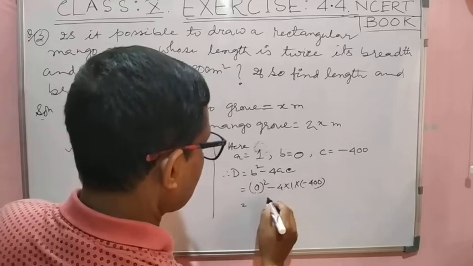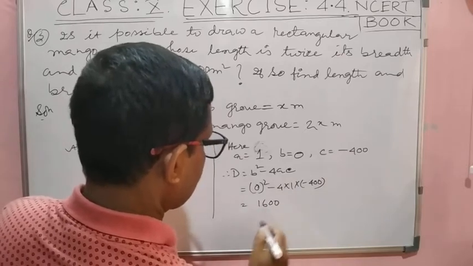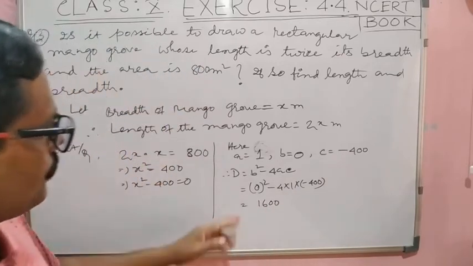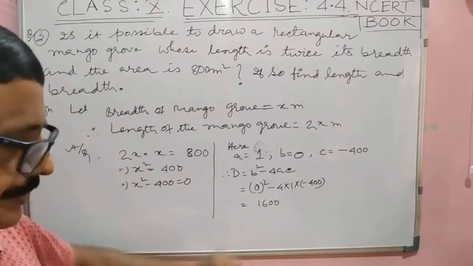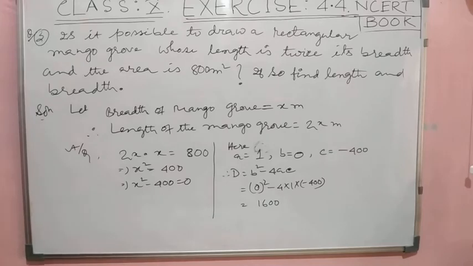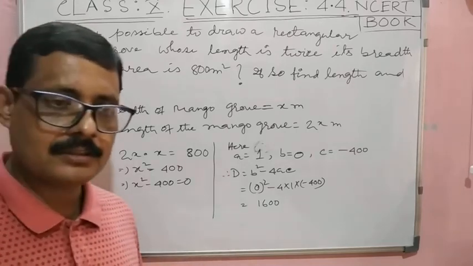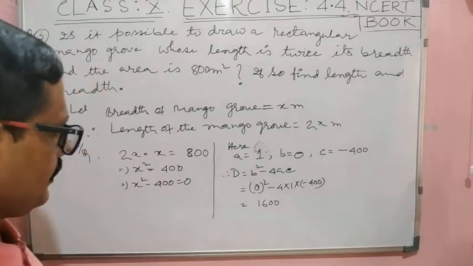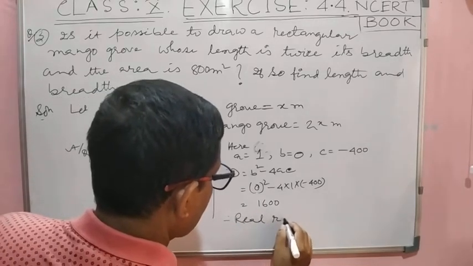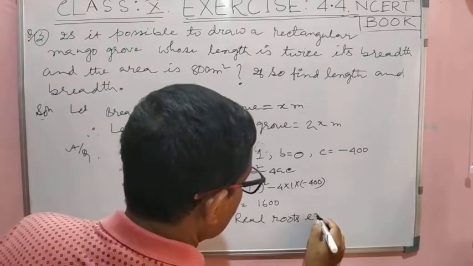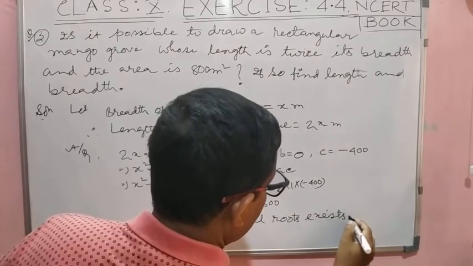b means 0, a means 1, c means minus 400. So D equals 1600. That is, D is greater than 0. Hence the real roots exist. Since D is greater than 0, therefore real roots exist.